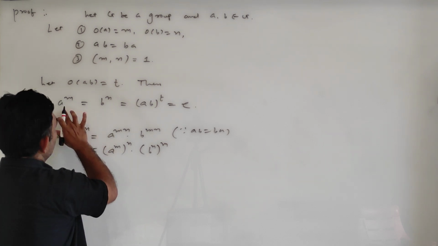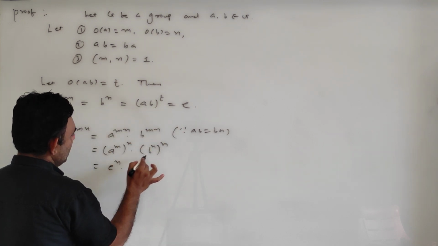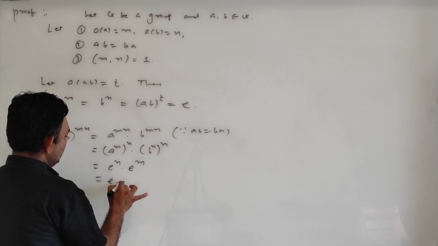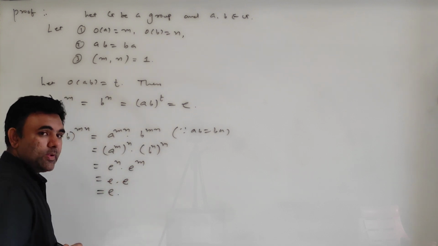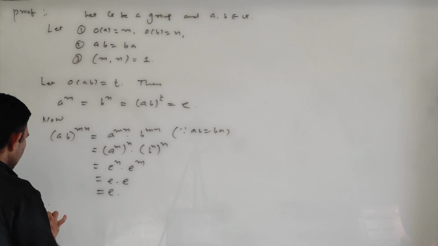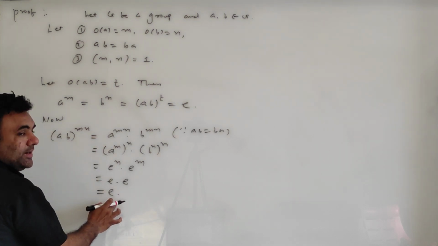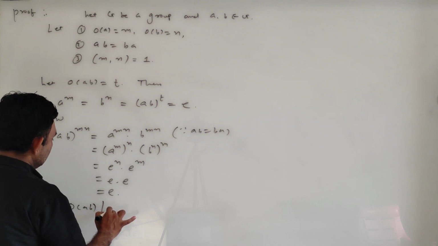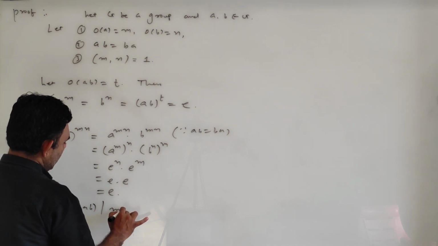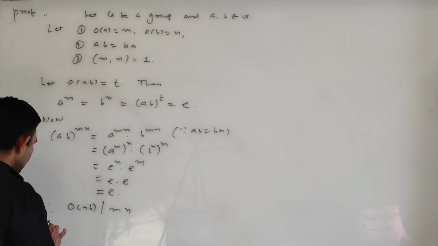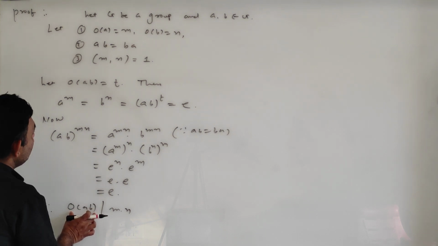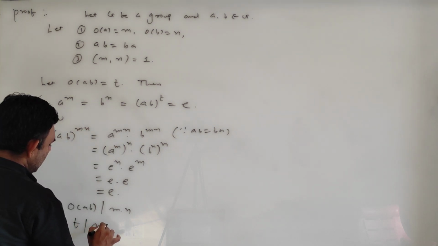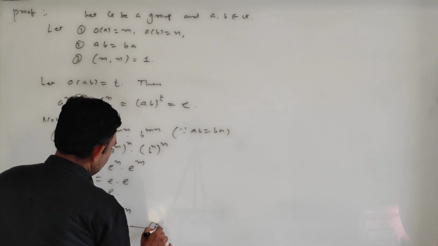But a raised to m is identity, so identity raised to n. b raised to n is identity, so identity raised to m. So it is identity into identity, which is identity. So ab to the power mn is identity. It means that the order of ab divides mn. The order of ab is t, so t divides mn. Let me say this is result number 1.